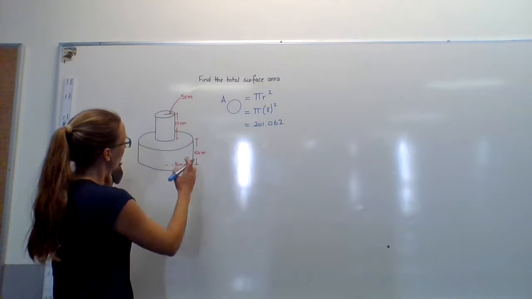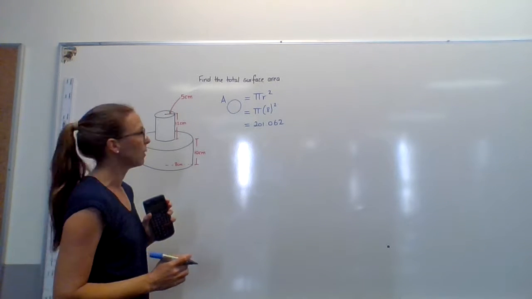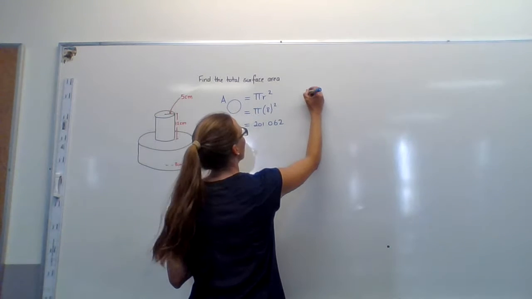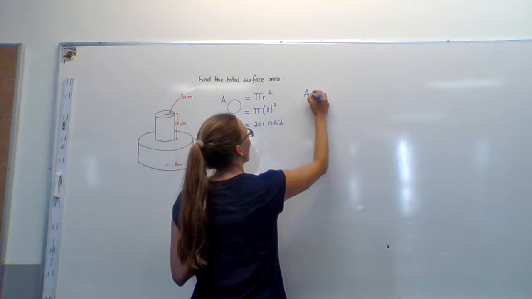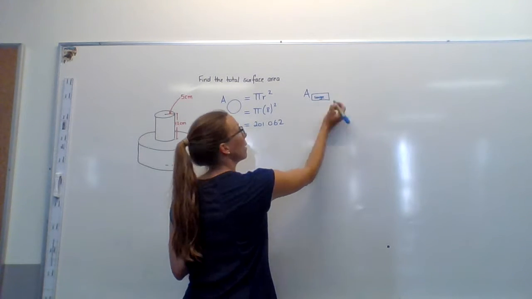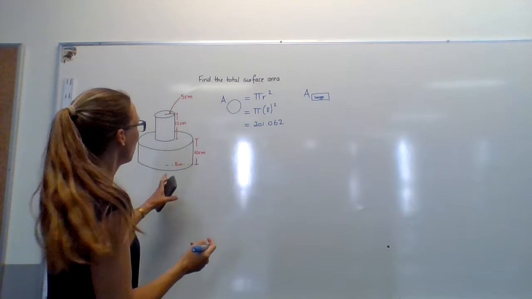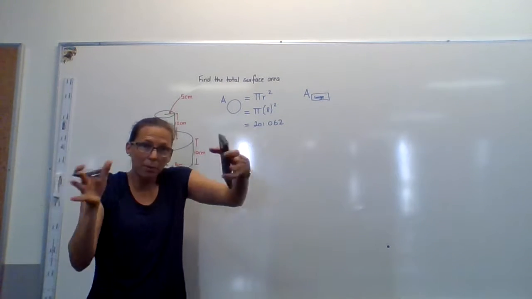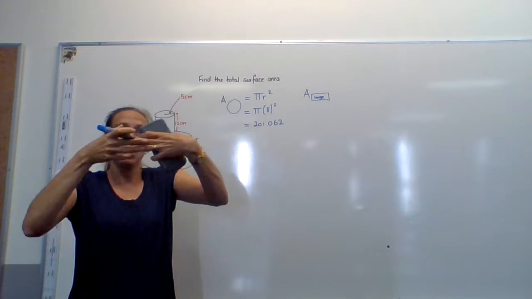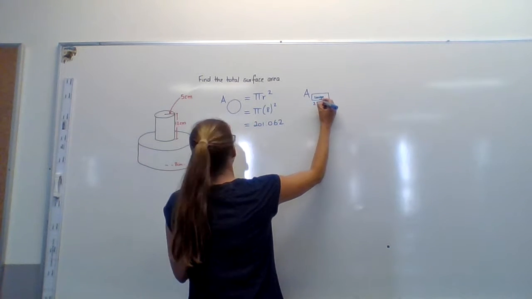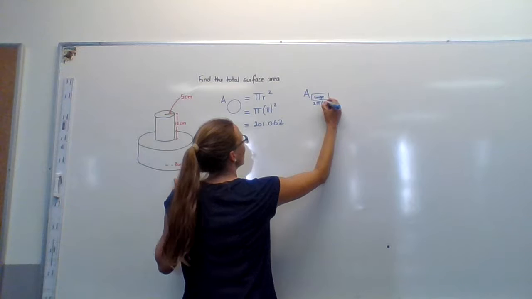Then I'm going to look at the curved surface of the base cylinder. I'm going to write large so that I remember that it's the bottom one. I know that if I opened up the cylinder, that curved surface, the length would be 2 pi r, so it would be 2 pi and my radius is 8.